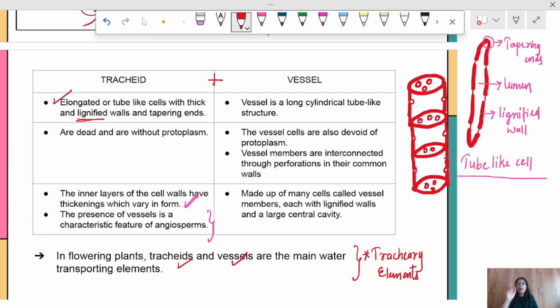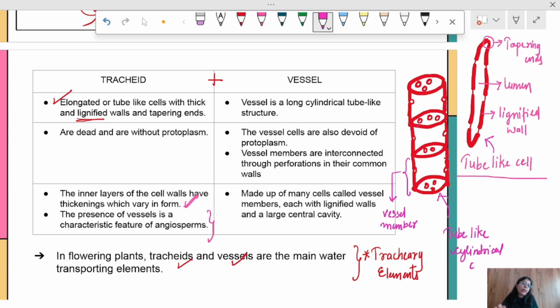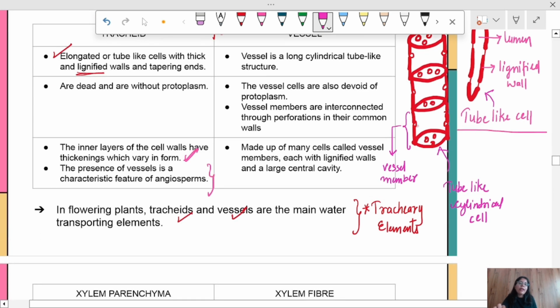Fine. Okay, good. Now you can see this one cylindrical structure is called vessel member. Okay, this cylindrical tube-like structure. This is actually tube-like, but this is tube-like cylindrical. This one single tube-like cylindrical cell is called vessel member.